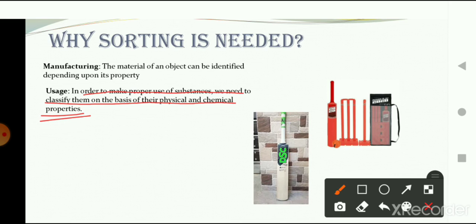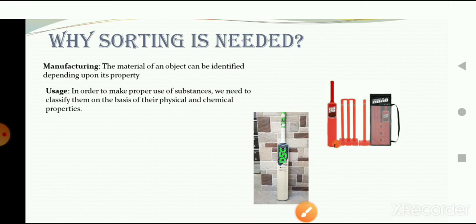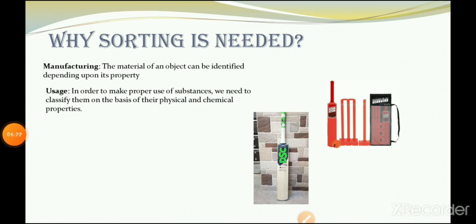And this is done by putting them into two different categories according to their physical and chemical properties. According to that sorting, you can identify the materials that you want to use, and you can make use of those materials to make an object.